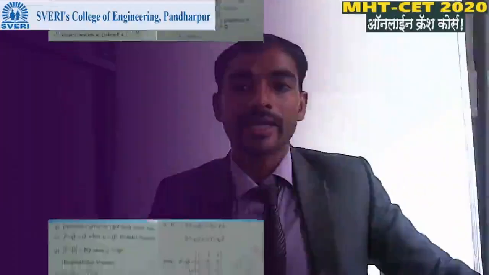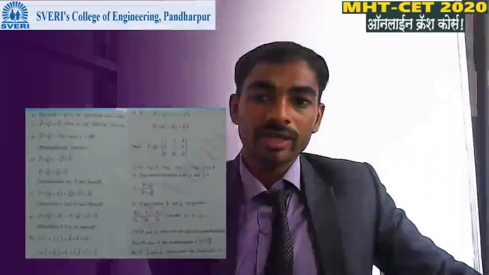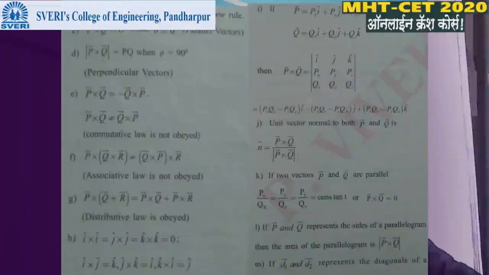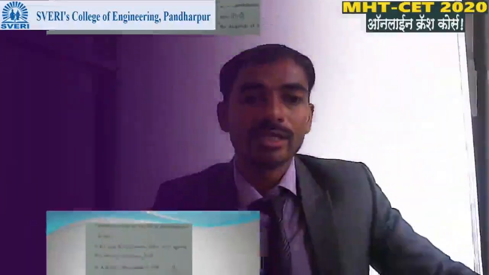And last, again this slide is very important in one sentence. Your MCQ, your formulae based on the scalars and the vectors. This is the synopsis based on the scalars and the vectors.